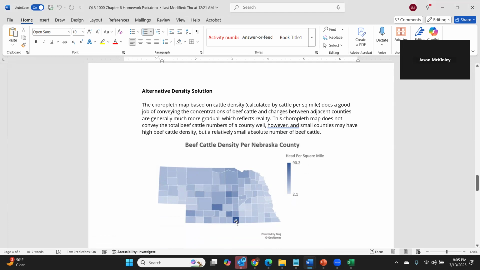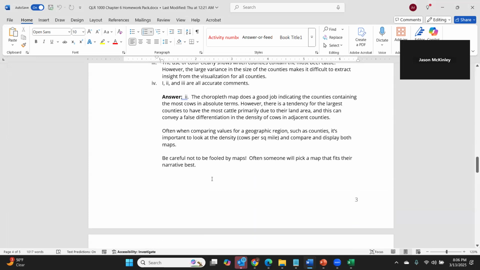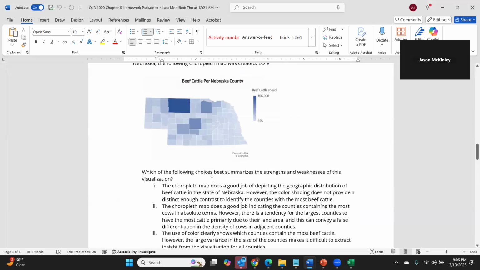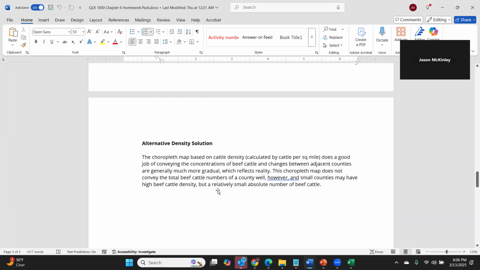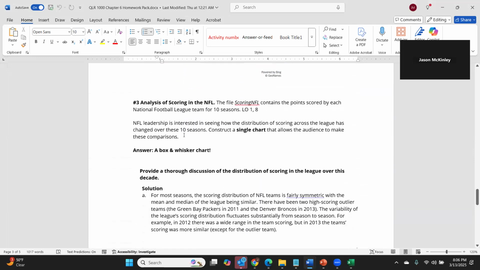But down here, this lower county, sort of the middle to the south, very, very high density. Probably if you drove down a dirt road, every 10 feet you would see a cattle. So I just wanted to reinforce that the way you calculate data behind a map can drastically change how that data is being presented. So if we're good to go there, the next one.